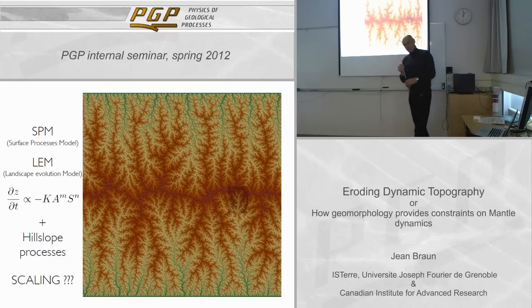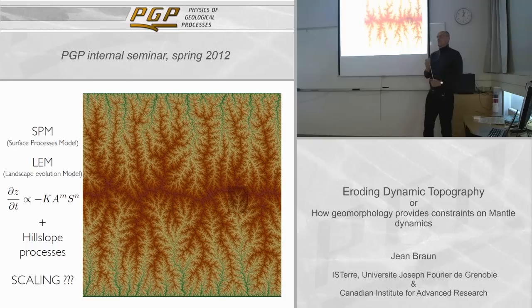To sample properly, you can show that the slope that matters has to be measured at 10-meter resolution maximum. So your model should have a resolution of 10 meters, but you want to apply it to the Alps or a mountain belt, hundreds of kilometers. So you see the scaling problem that we have.